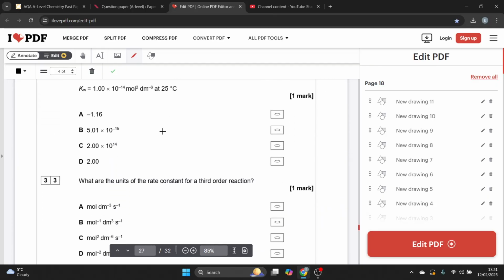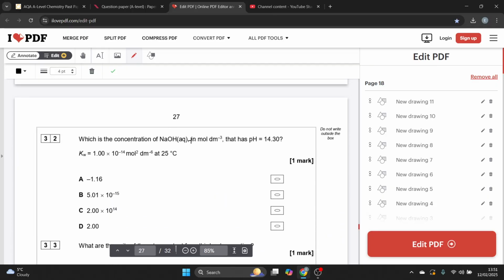Question 32. Which is the concentration of sodium hydroxide at this pH? Kw is that. So first thing I would write: Kw equals the concentration of H plus times the concentration of OH minus, and the concentration of OH minus equals Kw divided by the concentration of H plus. I've got Kw.